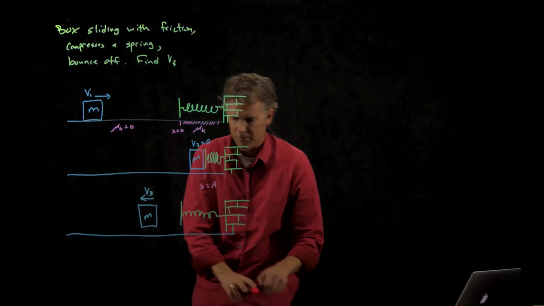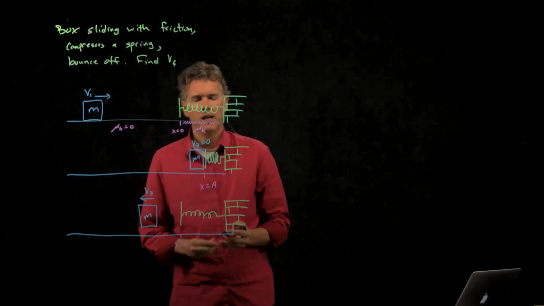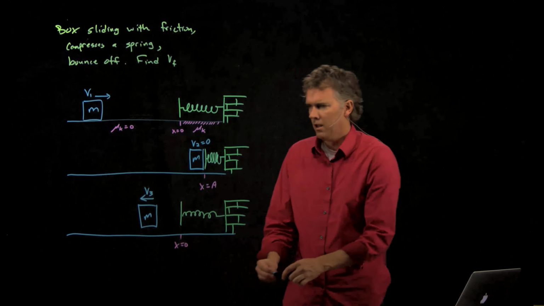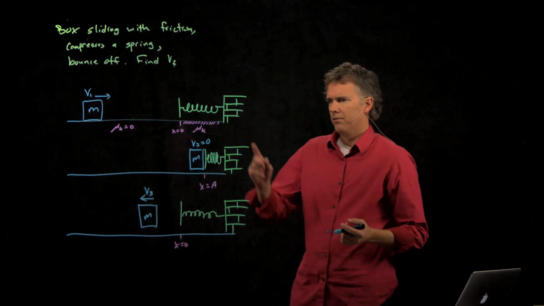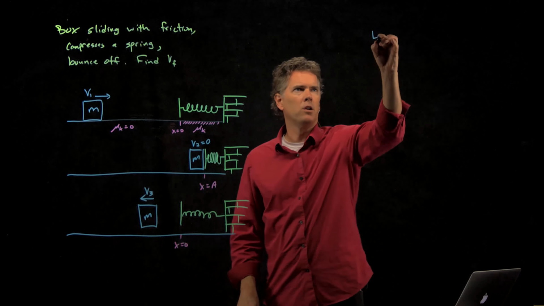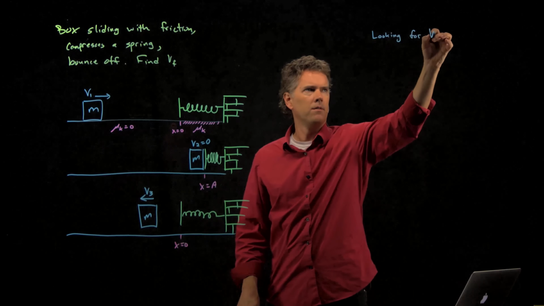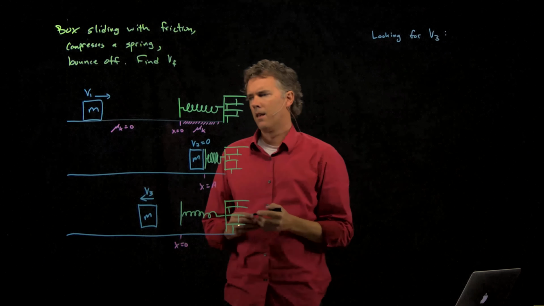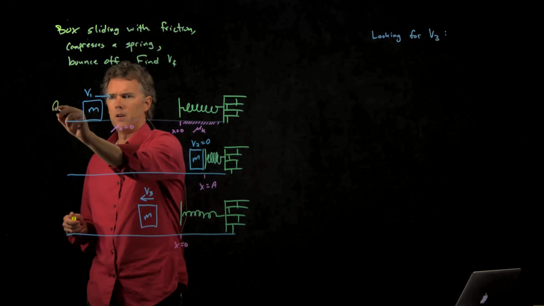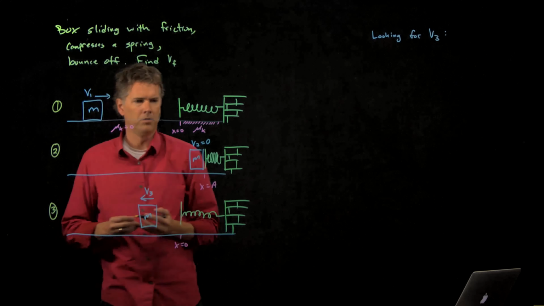Okay, and the spring, of course, returns to its normal equilibrium position. So let's find V final, which means we are looking for V3. And so this is going to be position 1, this is position 2, this is position 3.